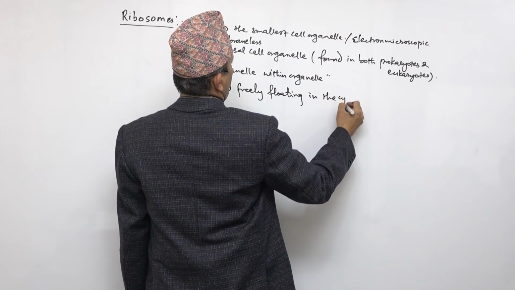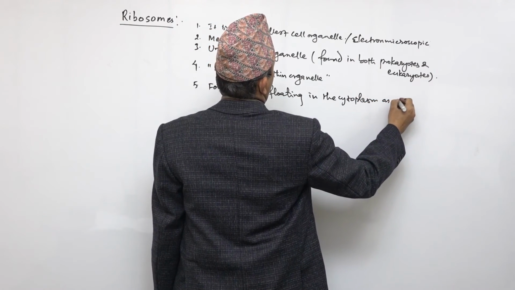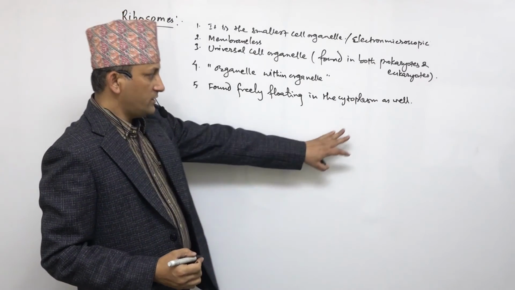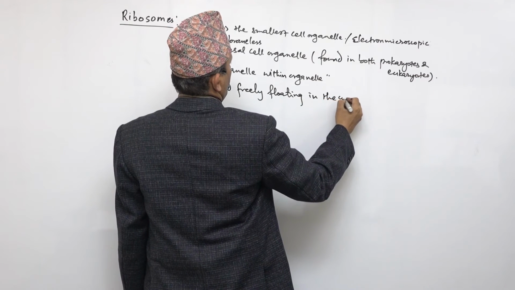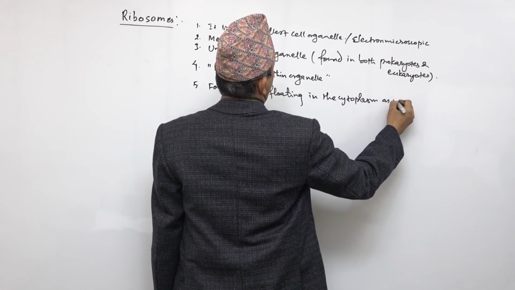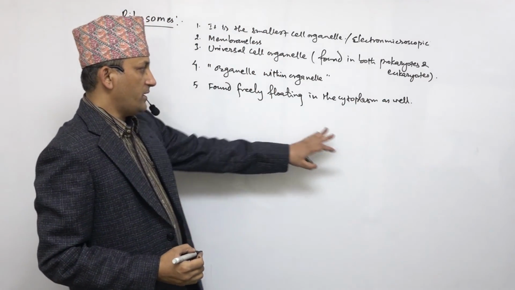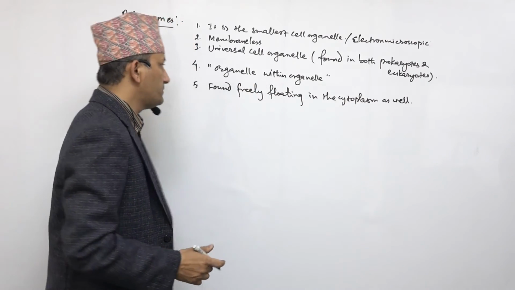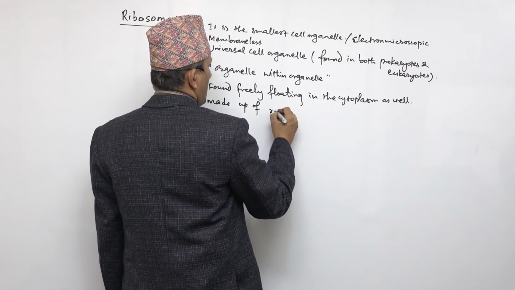So another important piece of information about the ribosome is that it is made by two important chemicals. Chemically, ribosome is made up of rRNA, also called ribosomal RNA, and protein.